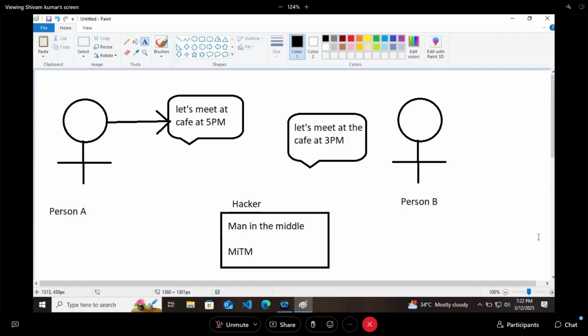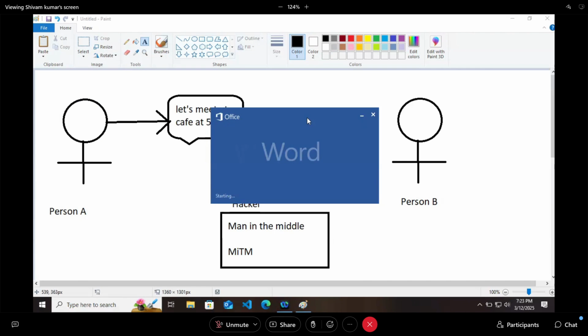They did a very simple thing: let's encrypt this. And that particular process is called cryptography. So technically, we are studying cryptography here. What are we studying? Cryptography.